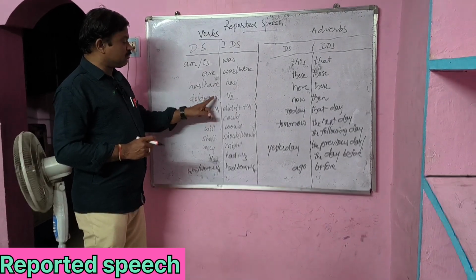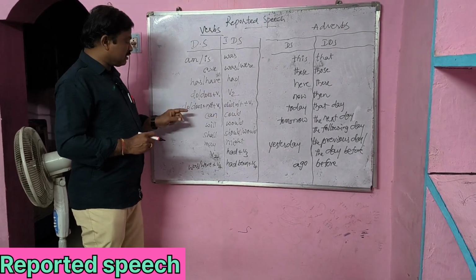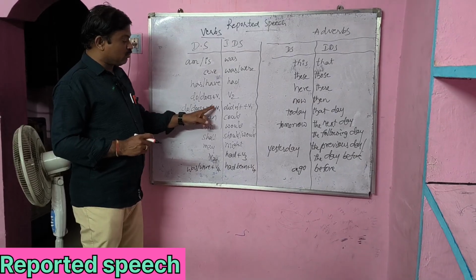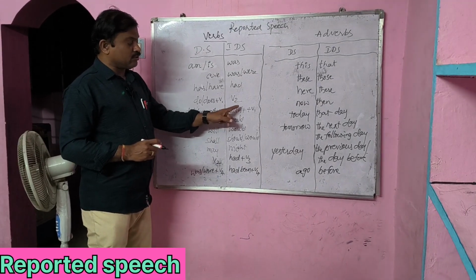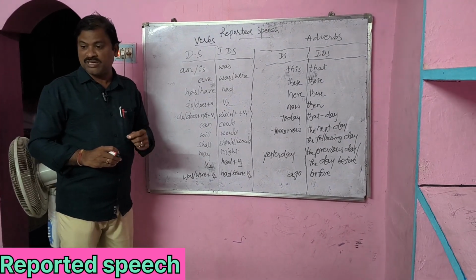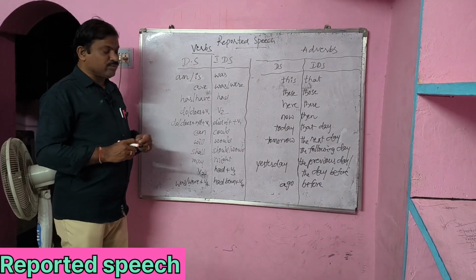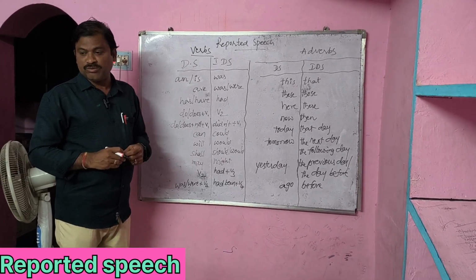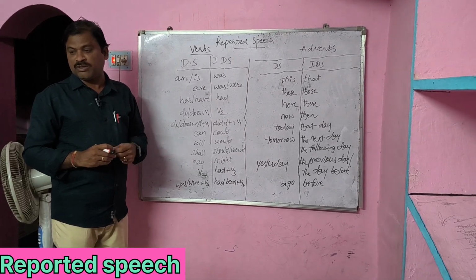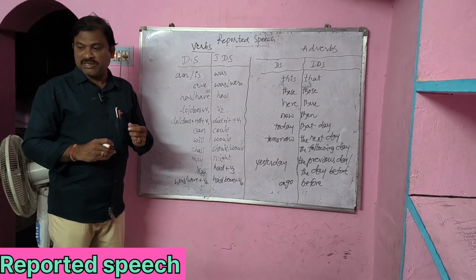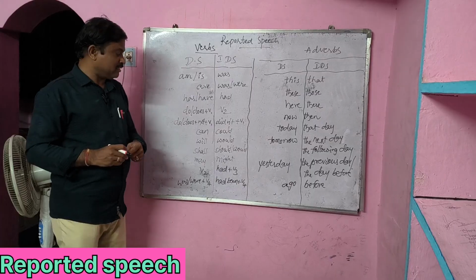If you get do or does plus V1, change it to V2. At the same time, do or does plus not plus V1 changes to did not plus V1. V1 means the present form of the verb, or base form or root form. V2 means the past form of the verb. V3 means the past participle of the verb. V4 means the present participle, or V1 plus ing.